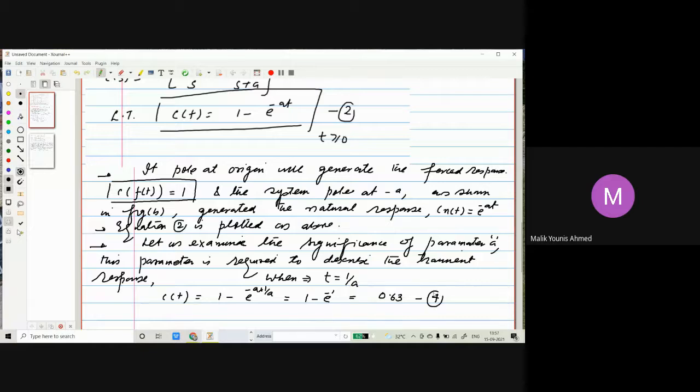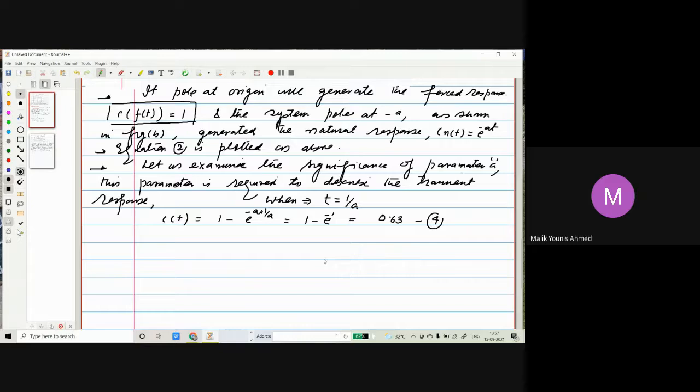Third, I will be writing. Now, third equation I will write, e raised power minus t, I will be substituting t equal to 1 by a. So e raised power minus 1, and that value is 0.37.